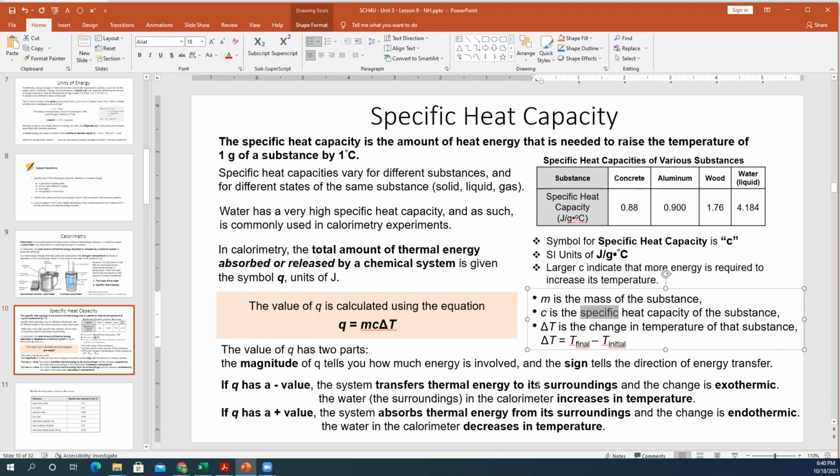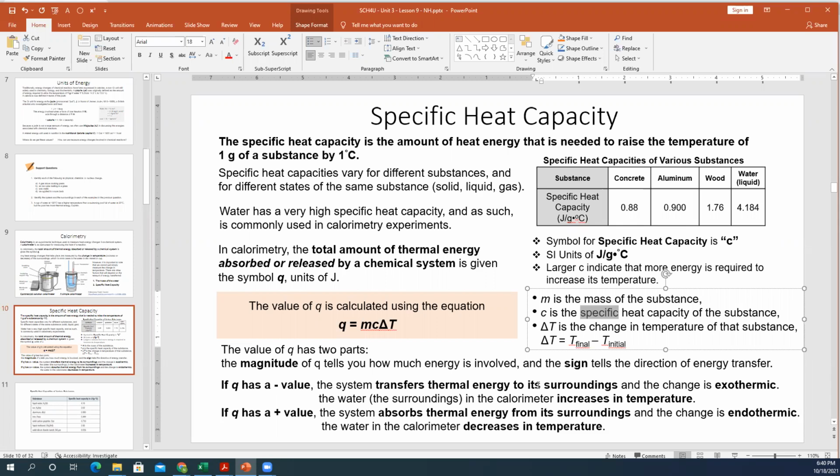Now, Q has 2 parts. It has the magnitude, which tells you how much energy was involved, and it has the sign, whether it's a positive value or a negative value, and that tells you the direction of energy transfer. If Q has a negative value, that means that the system transferred thermal energy to its surroundings and that the change was exothermic.